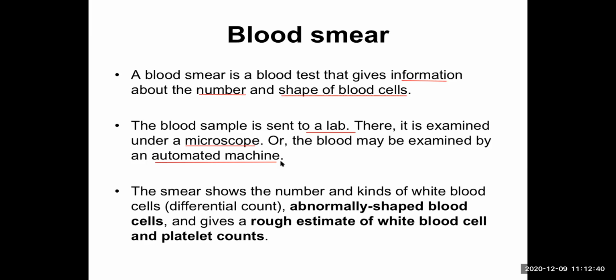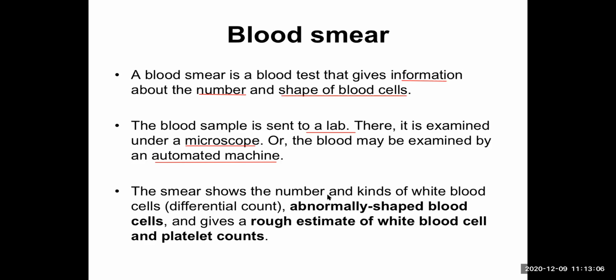These days, they commonly perform the examination by automated machine. They just take a sample from the patient and put that sample in the automated machine. All the readings are given by that machine. So this is one way. Another is under the microscope, where they are counting everything. So this is the other way.